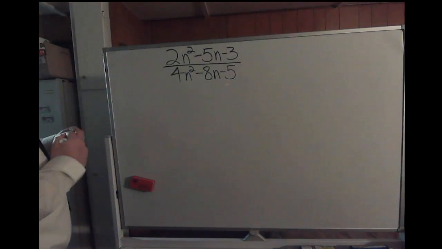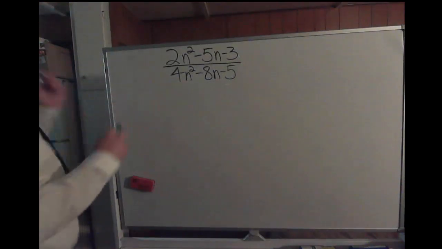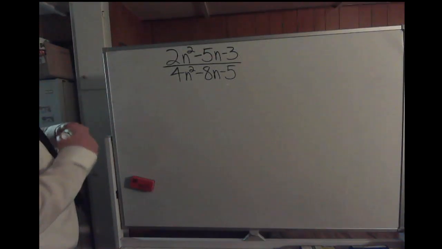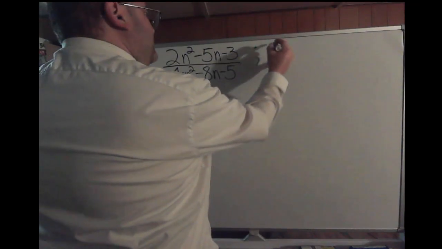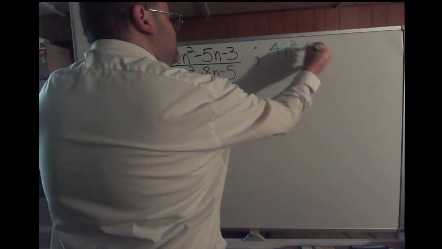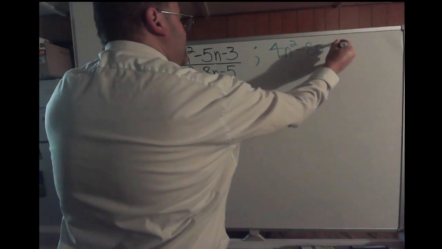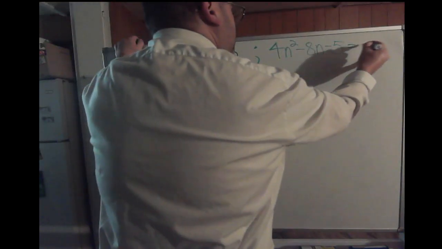Let's take the denominator, set that equal to 0. You would get 4n squared minus 8n minus 5 equal to 0.